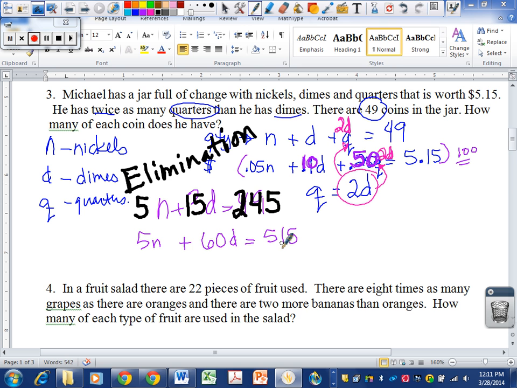Now I'm going to subtract. Minus 5n, eliminated. 15d minus 60d is negative 45 d's, and 245 minus 515 is negative 270.